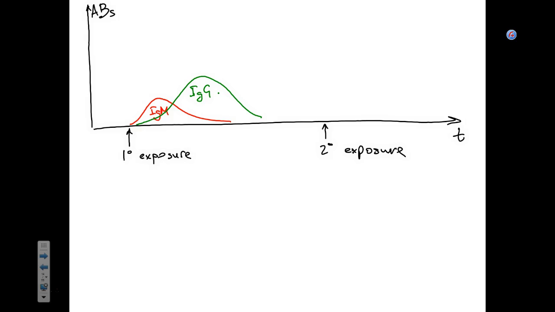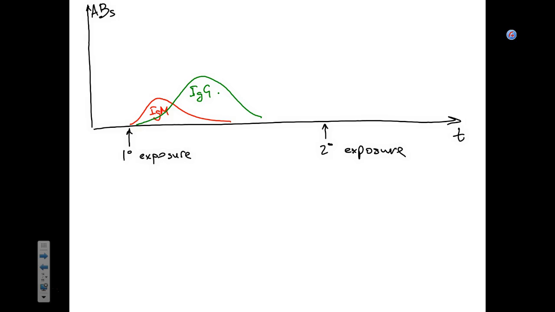You can see that antibody levels decline. How much they will decline, it all depends. Okay, it's a hypothetical situation. Then you get exposed to the same antigen, the same pathogen, a second time. What's going to happen? IgAs are going to be produced and they're going to go to the mucous membranes. You're absolutely right.